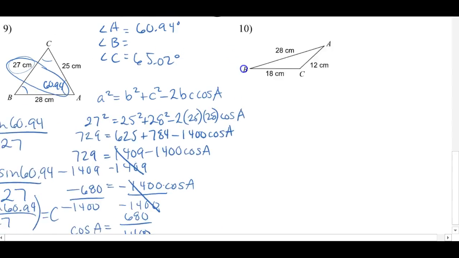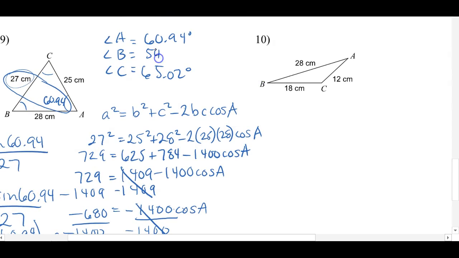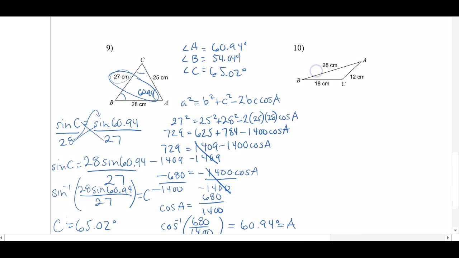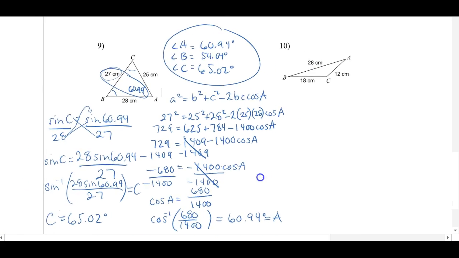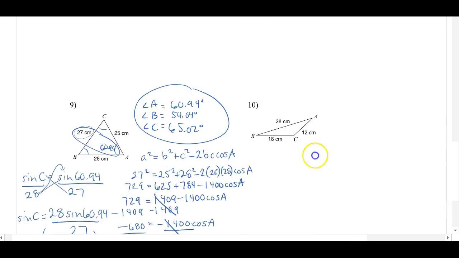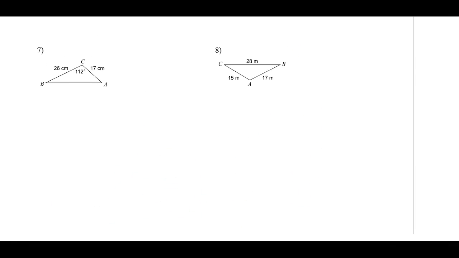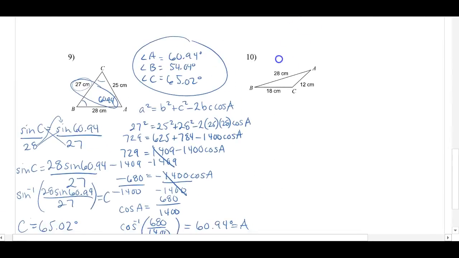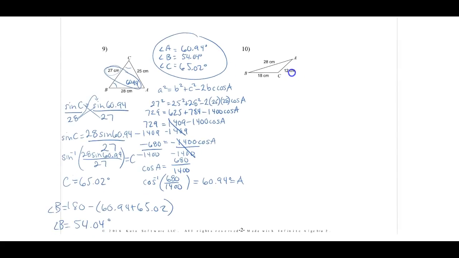Okay, I'll write that up top here. Okay, and there is our completed triangle. Okay, and that example will help you solve number 10 and number 8 on this side of the page. So I've given you enough examples to be able to finish the rest of this review.